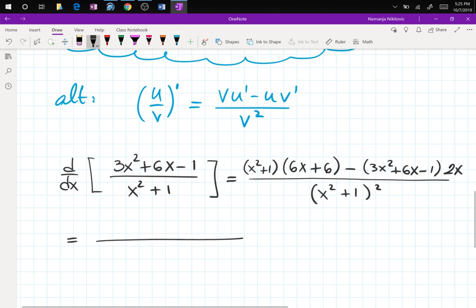So we have 6x cubed plus 6x squared plus 6x plus 6.